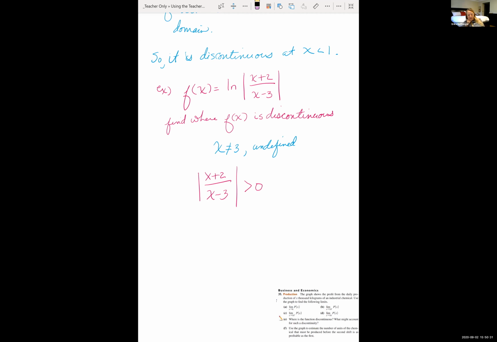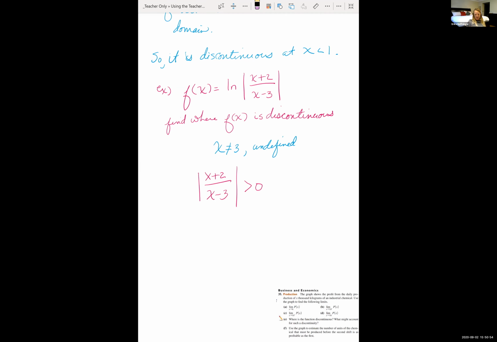When you take an absolute value, what type of number do you get back? When I take an absolute value of a negative number, I get back a positive number. If I take an absolute value of a positive number, it's still positive.